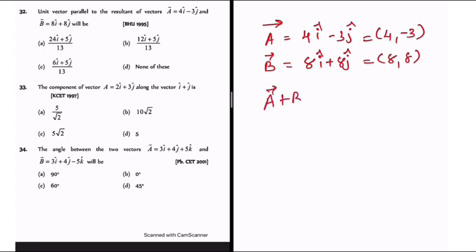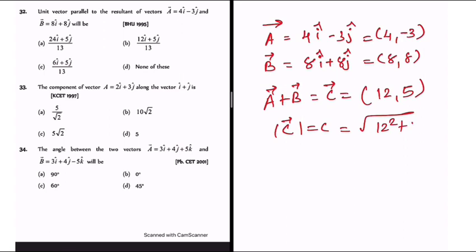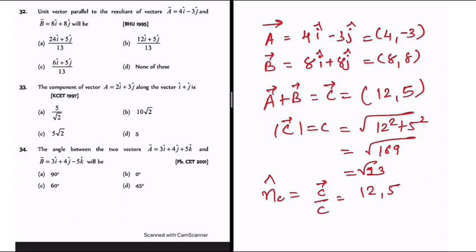A plus B, first of all resultant of this, say C. 8 plus 4 is 12, 8 minus 3 is 5. Magnitude of C is 12 square plus 5 square, which is 144 plus 25, 169, and root 169. What is C cap? C cap is vector C upon its magnitude. So 12 comma 5 upon 13.